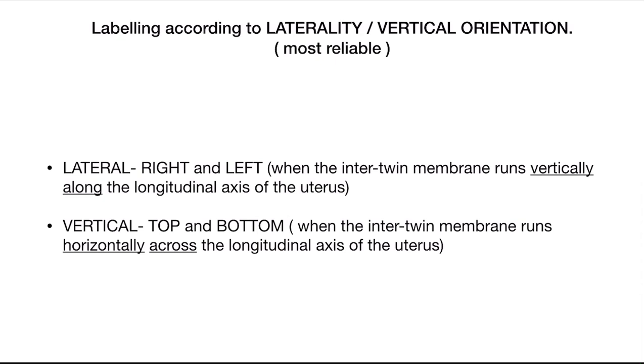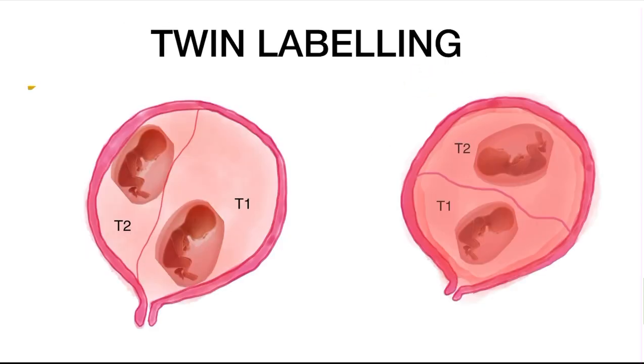So what you have to do is look for the intertwin membrane. If the intertwin membrane is vertical, then claim the fetuses as per right and left, as twin 1 and twin 2. And if the intertwin membrane is running horizontally to the uterine axis, then claim the fetus as top and bottom, as T1 or T2, any of which is suitable. But just be consistent. Fetus top will always be the fetus top, and fetus bottom will always be the fetus bottom.